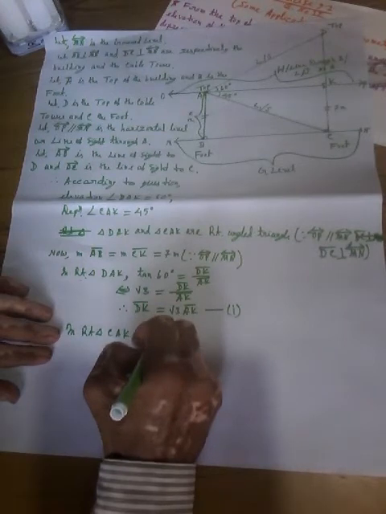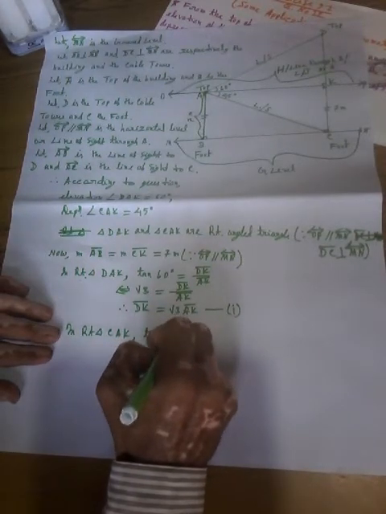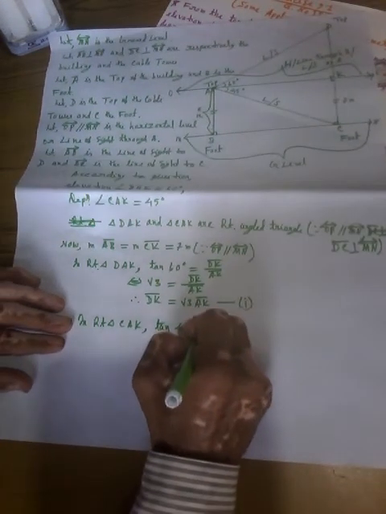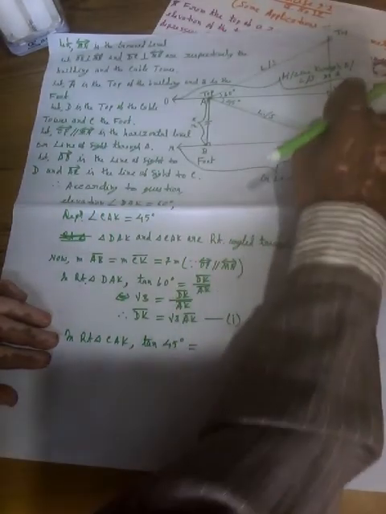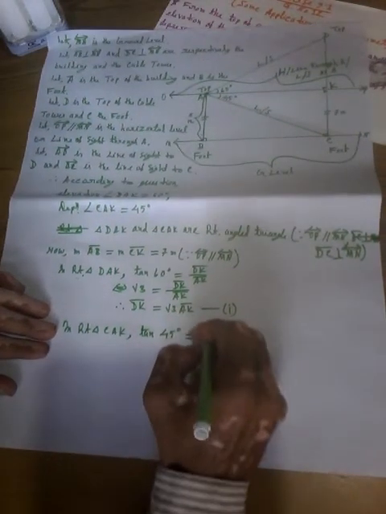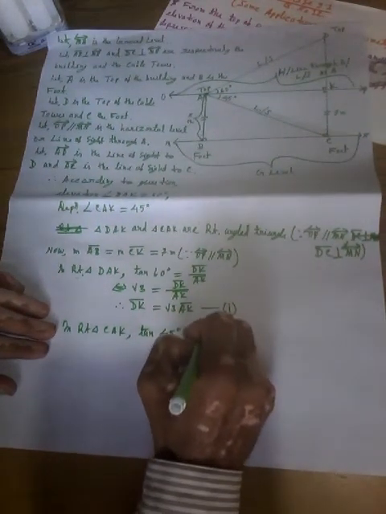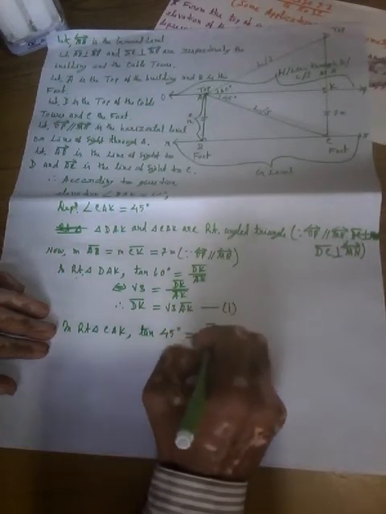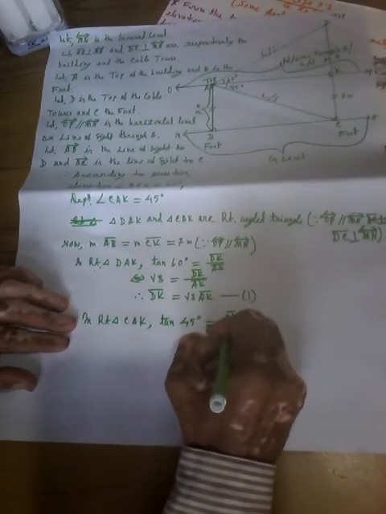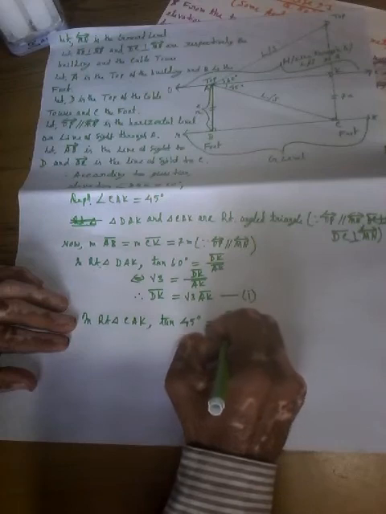Tan 45 degrees is equal to P by B, CK by AK.